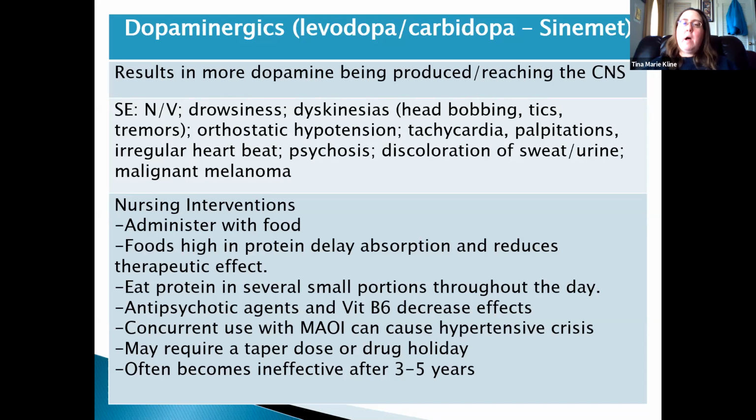MAOIs are a type of psychiatric medication. They are a group of medications, those MAOIs, that interfere with a lot of other different medications as well. So there's a lot of things where they do not support concurrent use. For this particular medication, if they're used together, or I think it's within 2 weeks after the MAOI has been stopped, it can actually put somebody into a hypertensive crisis.